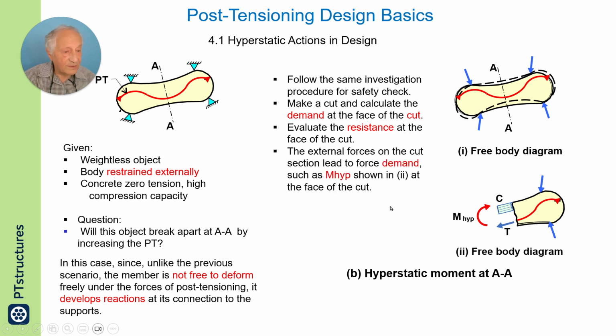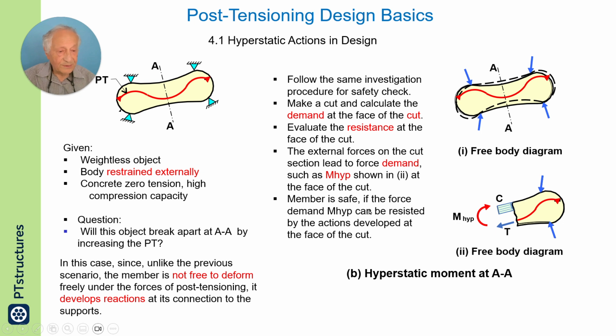In conclusion, the demand is caused by these reactions whenever post-tensioning member results in reactions. And when does it result in reactions? When the member is not permitted to deform under the force of post-tensioning.